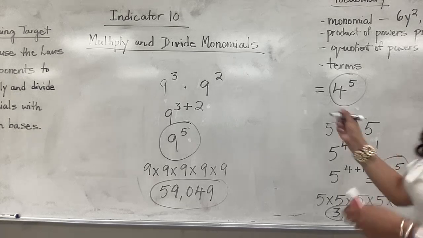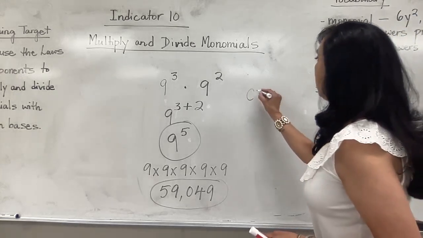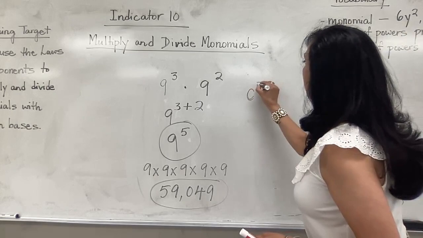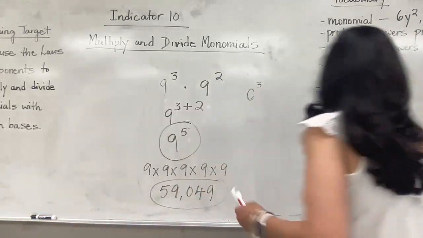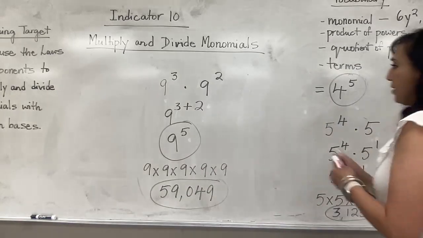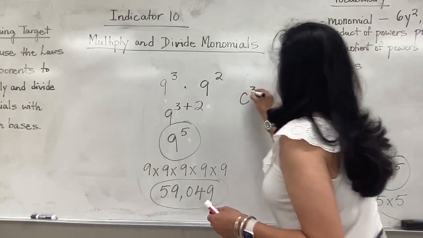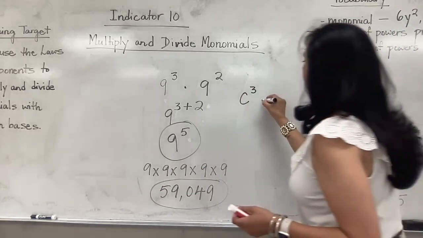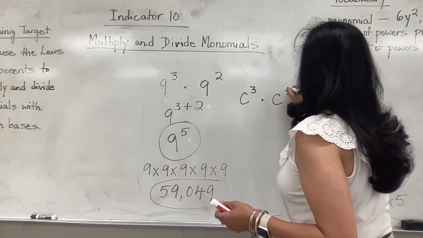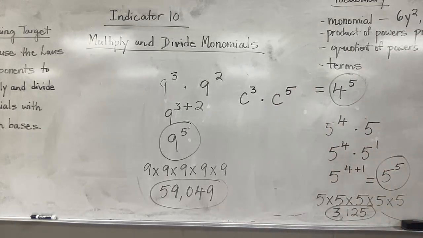So if I have c cubed, let's say I have c cubed, all right, times c to the fifth power. So first and foremost, how will the product of powers property help you simplify this expression?